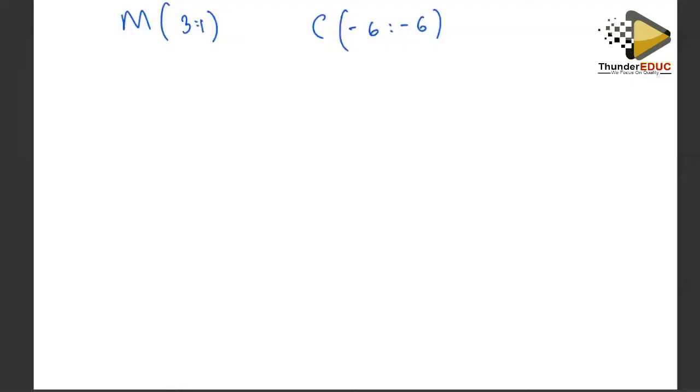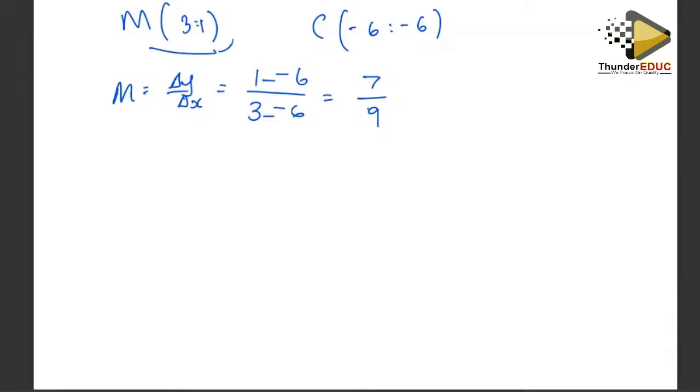So whenever we get the equation, number 1, we need to find the gradient, change in y over the change in x. So we're going to say 1 minus -6 over 3 minus -6, meaning that we're going to have a 7 over 9. Okay, that's the gradient. Yeah, I know it's weird, but it's fine.